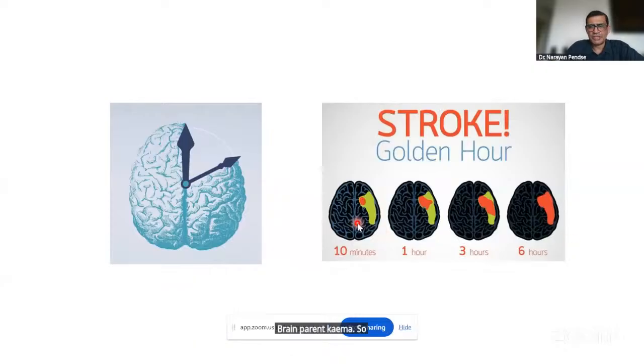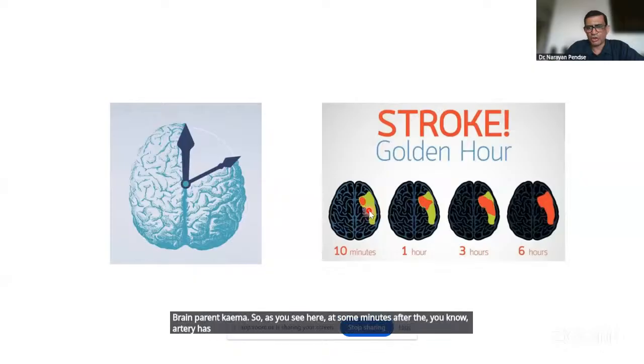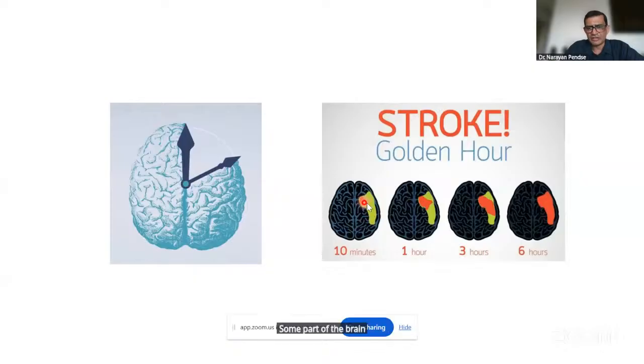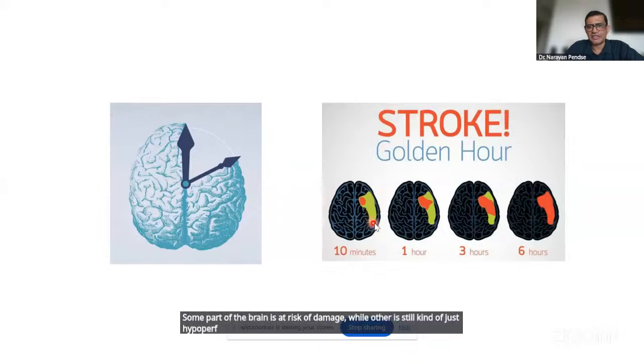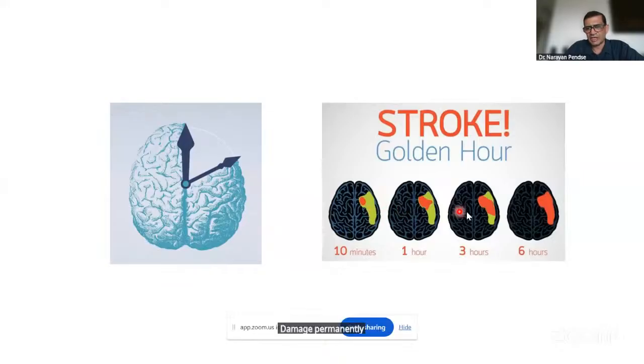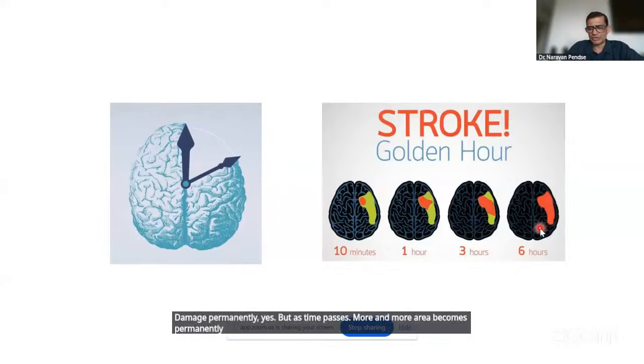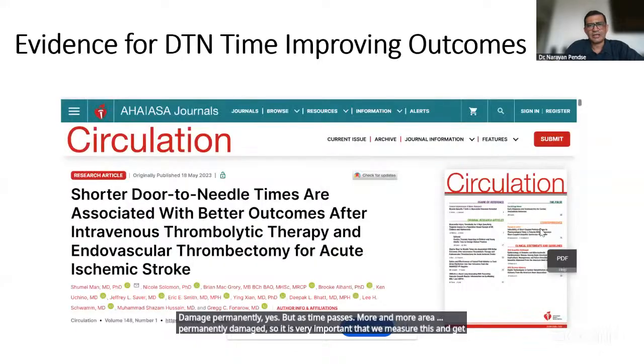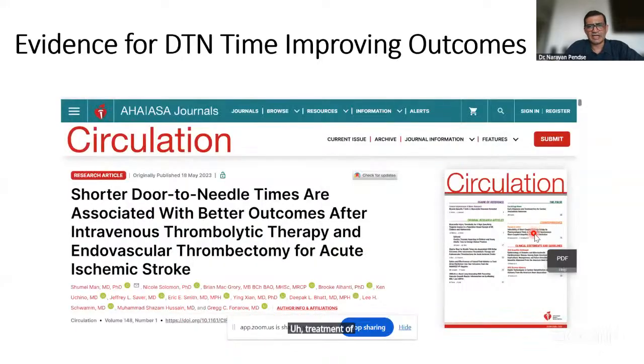So as you see here, some minutes after the artery has been blocked off, some part of the brain is at risk of damage, while another part is still just hypoperfused, that is receiving less blood supply but may not have been damaged permanently. But as time passes, more and more area becomes permanently damaged. So it is very important that we measure this and get this treatment of thrombolysis, that is the clot buster drug as it is called, as quickly as possible, but within 60 minutes.